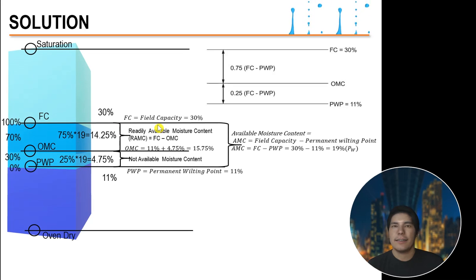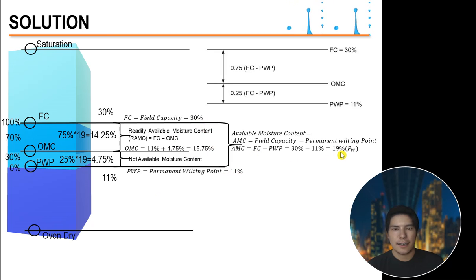So bali dito, given yung field capacity na 30%, and then given yung permanent wilting point na 11%, no? So, di ba may binigay siya na 25%, no? So, bale, kung titignan natin yung available moisture content natin, no? So, we have this 30% minus 11%.